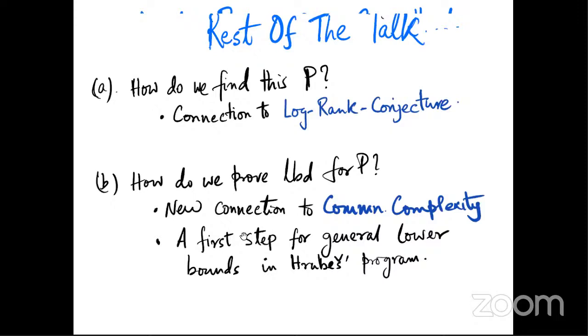Such a result is also known in the arithmetic world since ages, the slice functions. But in the context of arithmetic circuits, this was new, and he suggested this program a couple of years ago. The ideas that went into proving our first lower bound can be extended to take the first steps in this program as advocated by Rubish. But beyond this, I won't talk about it. If you want to know more, I can talk about it offline.